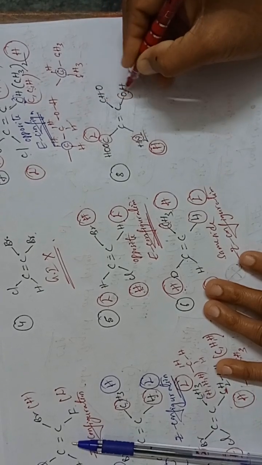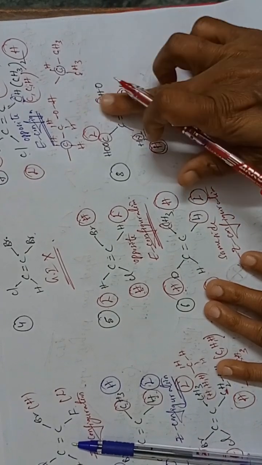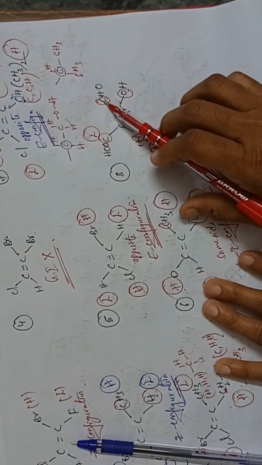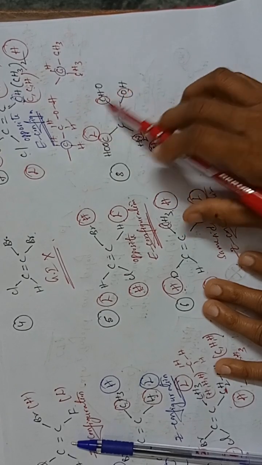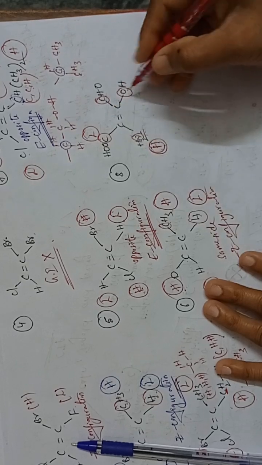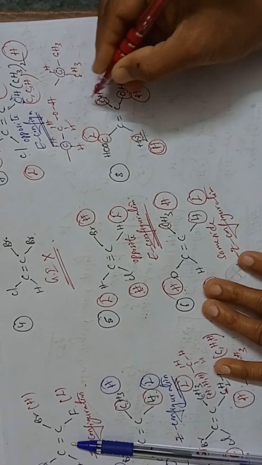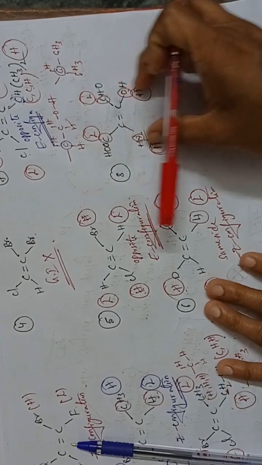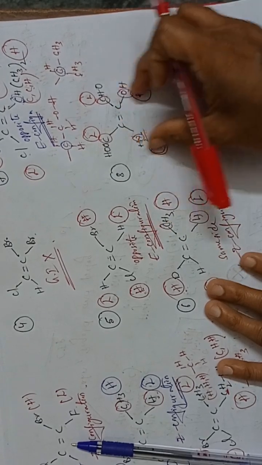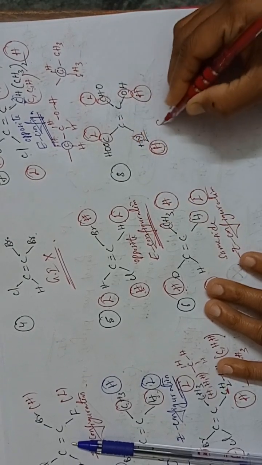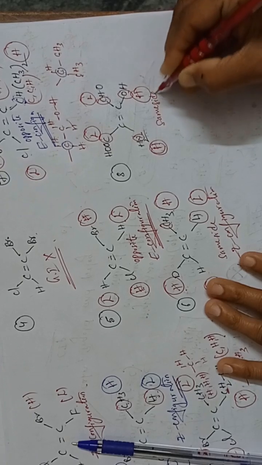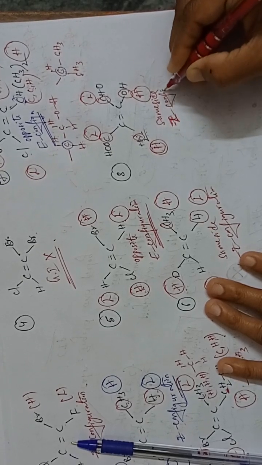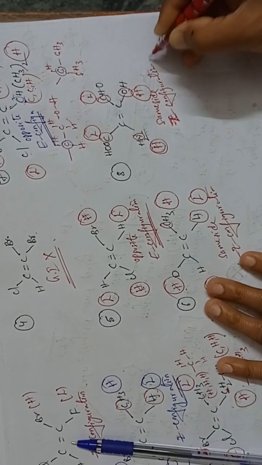Different atoms are there now, so only consider the first atom: oxygen, carbon. Oxygen has the higher atomic number and carbon the lower. Now where are the higher ones? On the same side of the doubly bonded carbon atoms. So which configuration is it? Same side means Z configuration. Clear? Z configuration.